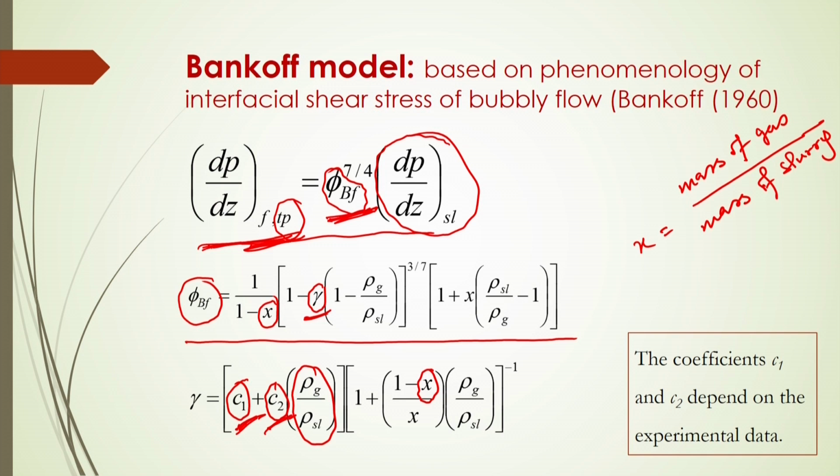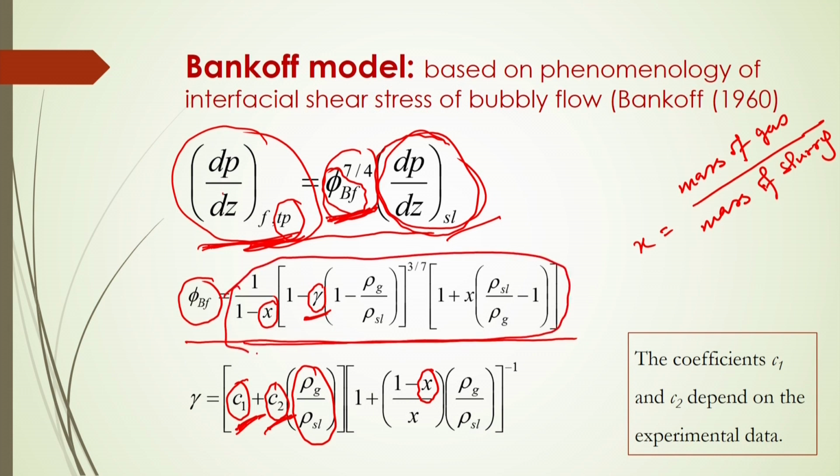Now, how to do this? This one is known to you, this is experimental and this is also experimental, then this divided by this you will get this phi Bf. So, phi Bf you can get, you can correlate this phi Bf to this model here, and x is known to you, only gamma, which is nothing but C1 and C2, has to be obtained just by fitting with the experimental data.